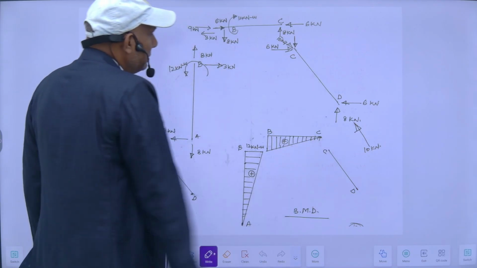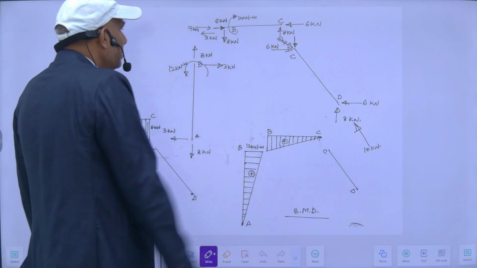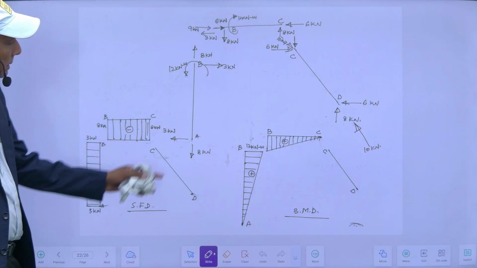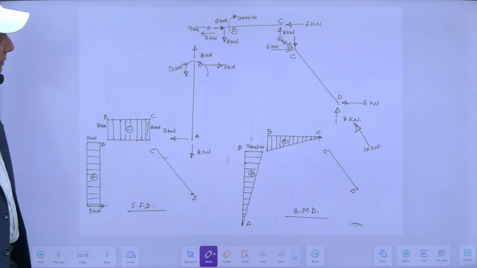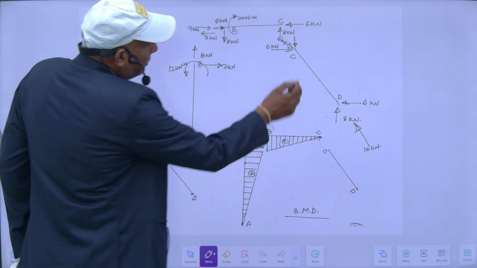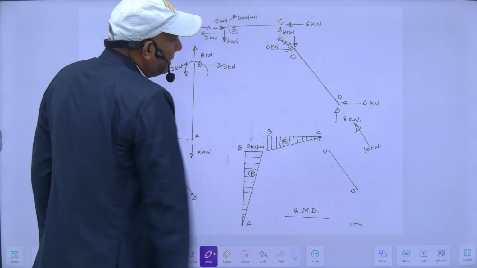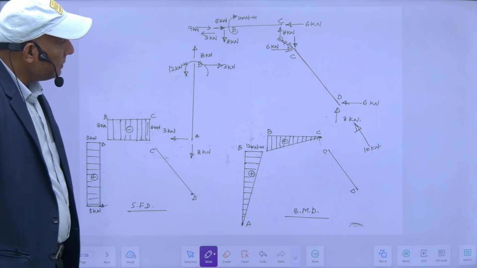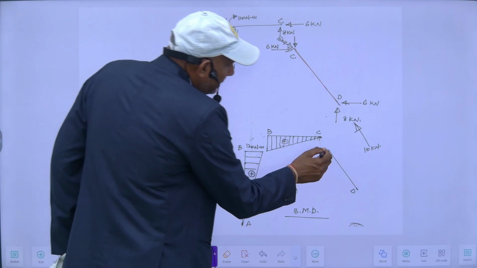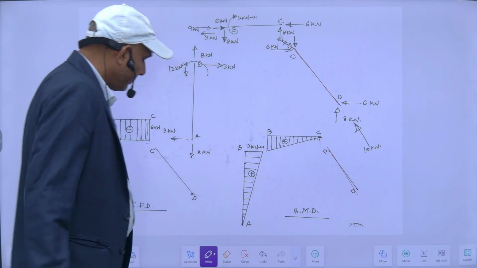All the portions, the CD portion, this BC portion and this AB portion. So I can easily draw its bending moment diagram. For this CD portion, since it is axial and no transverse load is there, bending moment for this CD will be 0.